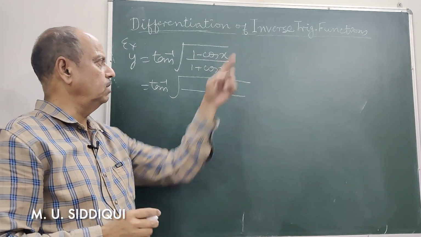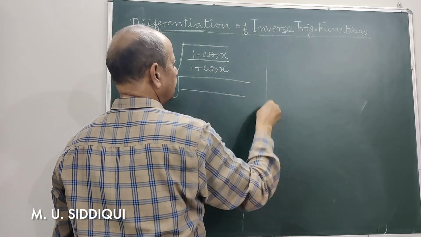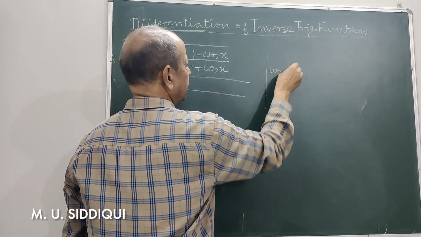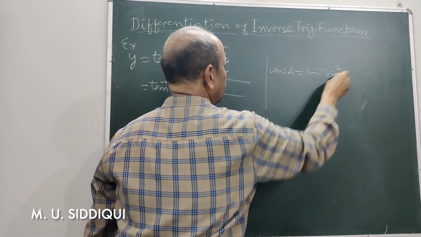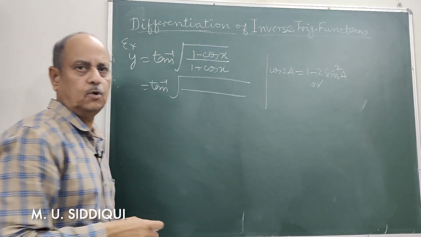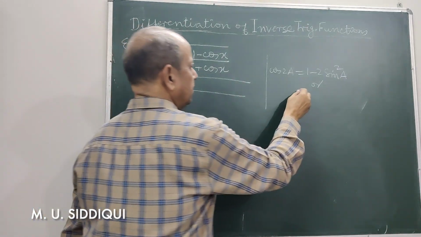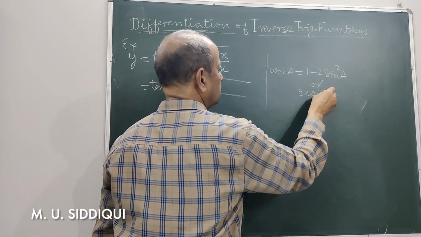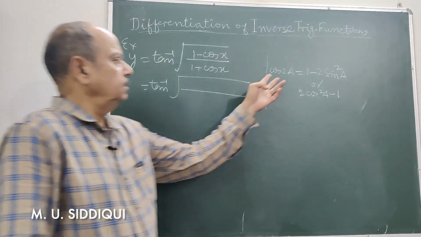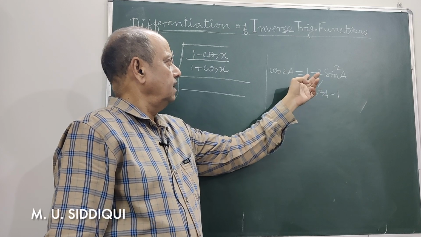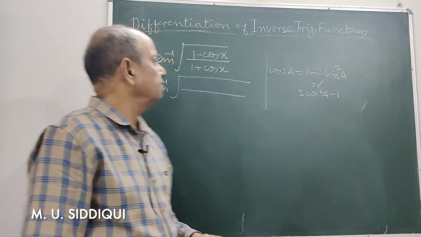Use your cos 2a formula. What is that formula for cos 2a? We have cos 2a as 1 minus 2 sine square a, as well as one more form, 2 cos square a minus 1. We have the option of using this formula or that formula.